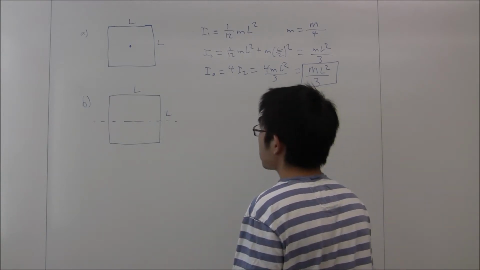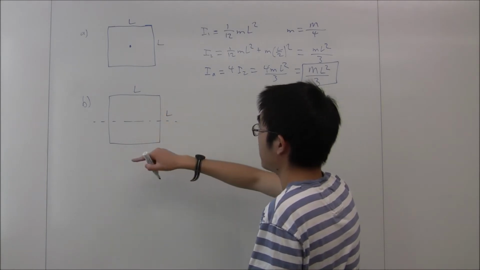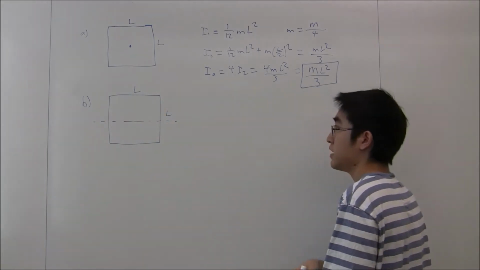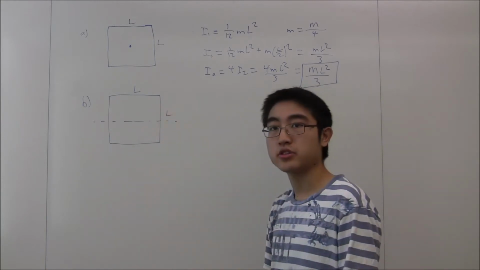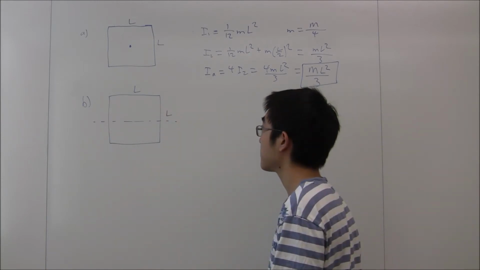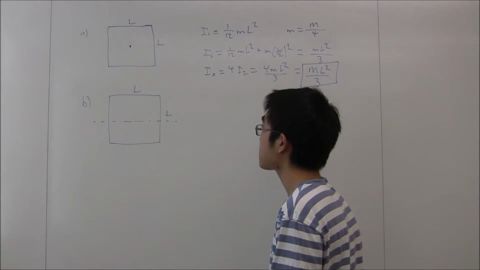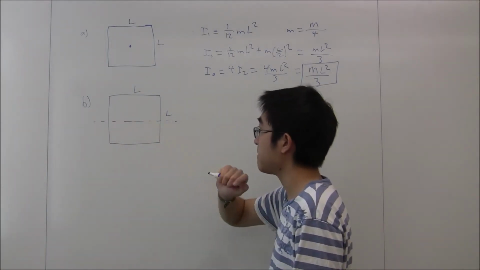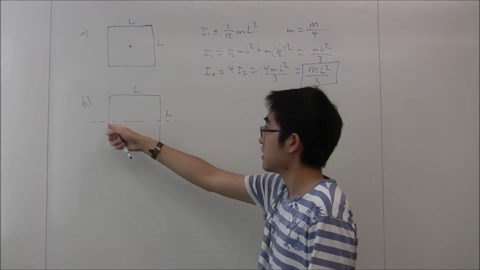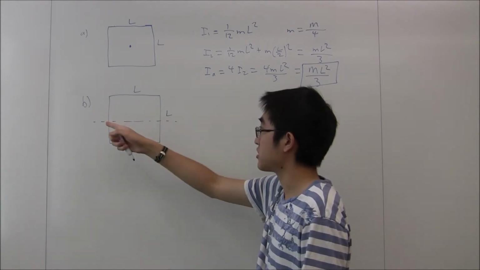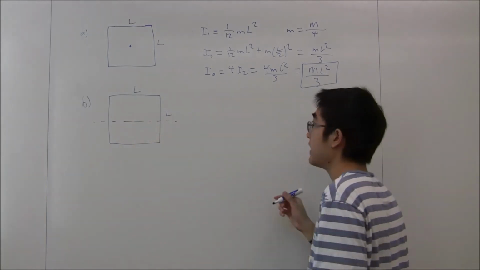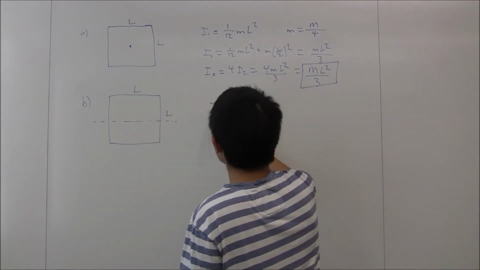Now, for part B, we have that the axis passes through the center of the square and is parallel to two sides of the square. Now, here we see that for the left and right side, the moment of inertia contributions from both of these two sides is just given by, let's call that I1.